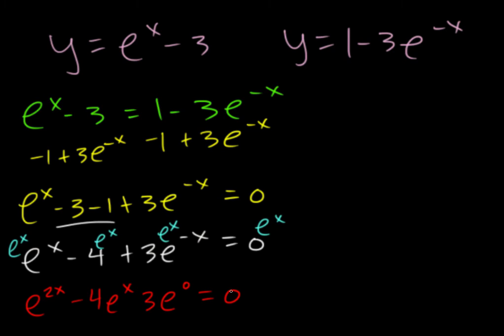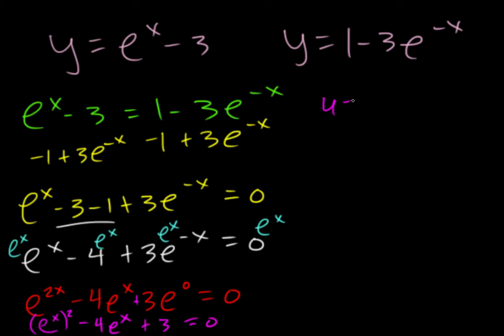This times 0 is still 0. Now if I think of this as e to the x squared, e to the x, oops, should be a plus sign there, then that's really just a 1, so it's 3.